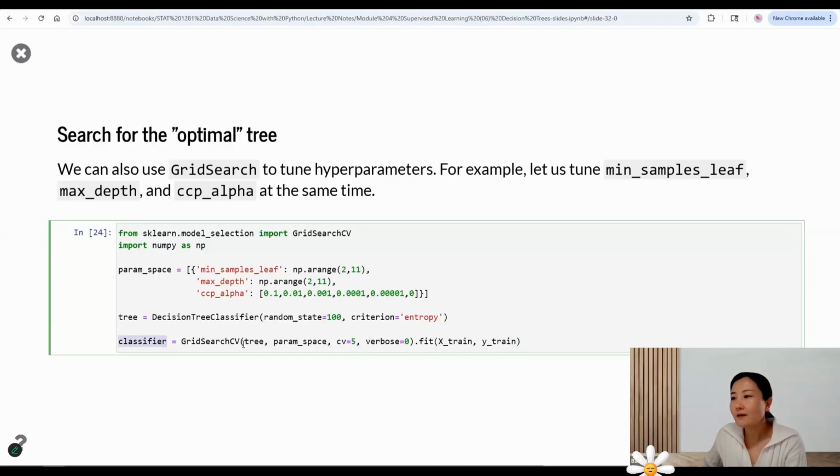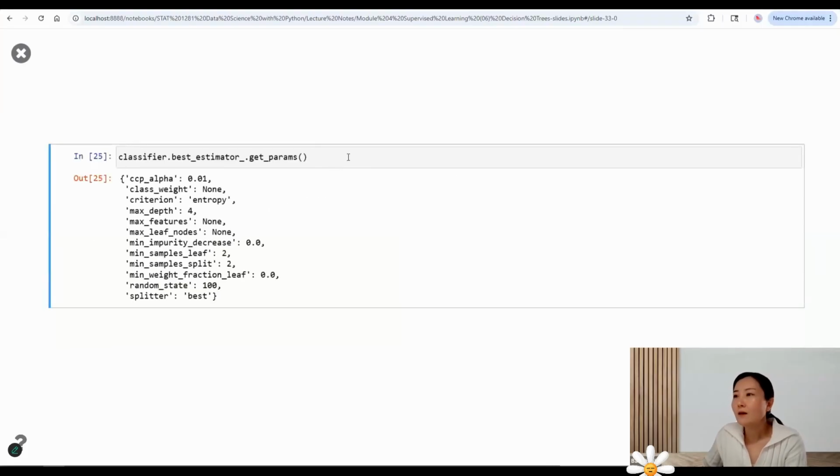Let's just call it classifier. I train a tree, set the parameter space and cross-validation, and fit. And then we can get the optimal parameters. For example, ccp alpha is 0.01, max depth is 4, and min weight fraction leaf is 0.